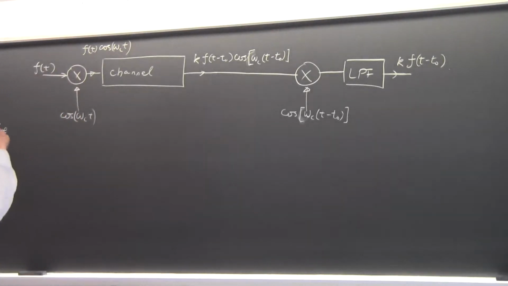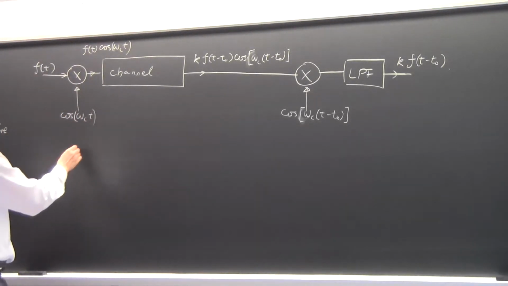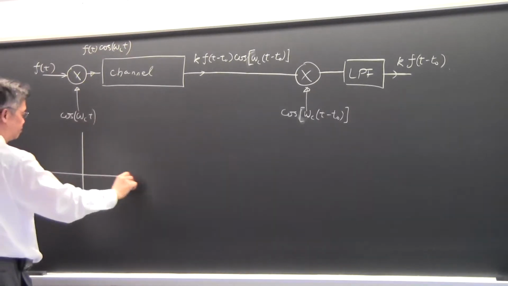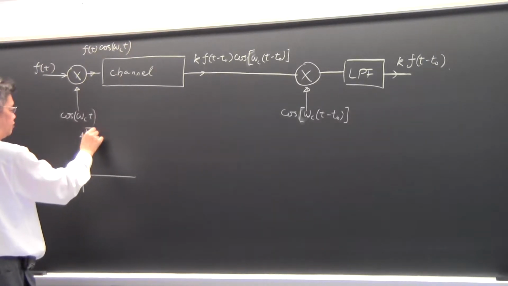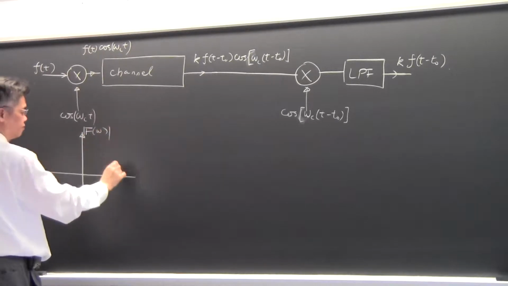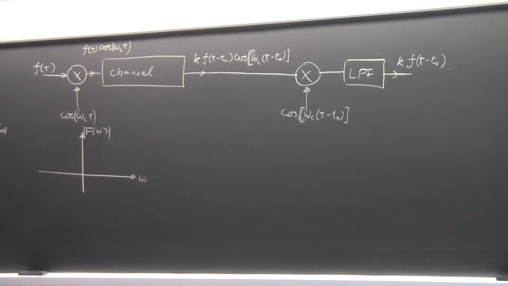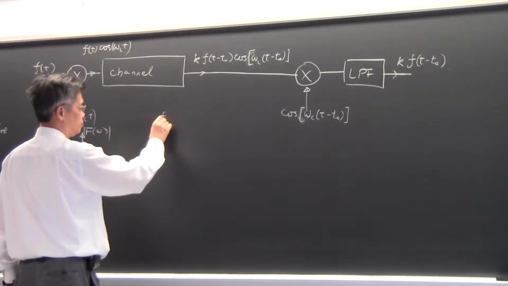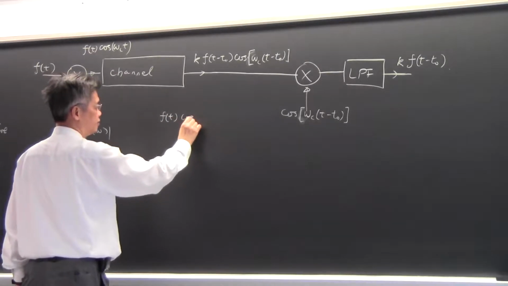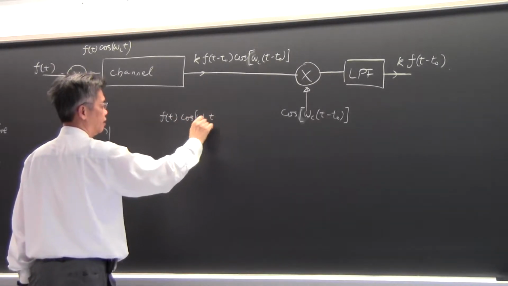So what happens is that when you modulate, if you have F of omega that looks something like this, you create an upper band and lower band, because when you modulate, you multiply something by a carrier.